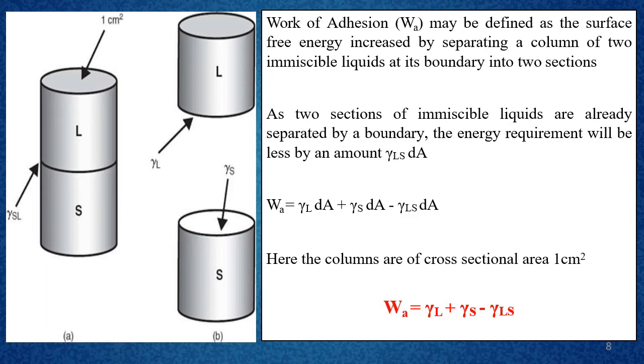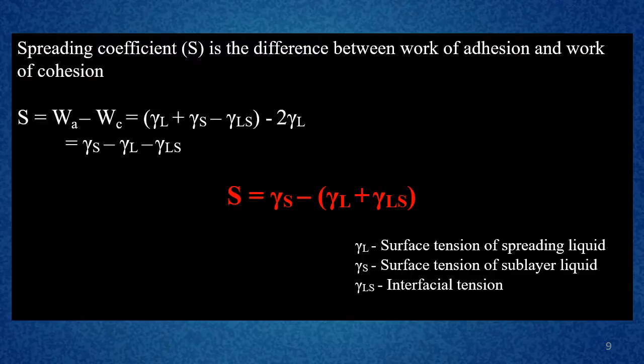Now consider the hypothetical cylinder of sublayer liquid, denoted by S, present below the similar sections of the spreading liquid, that is L, as shown in the figure. Spreading coefficient, that is S, is the difference between work of adhesion and work of cohesion.